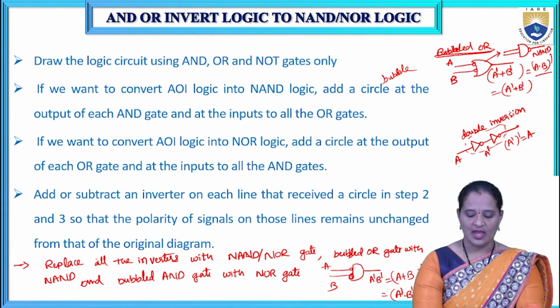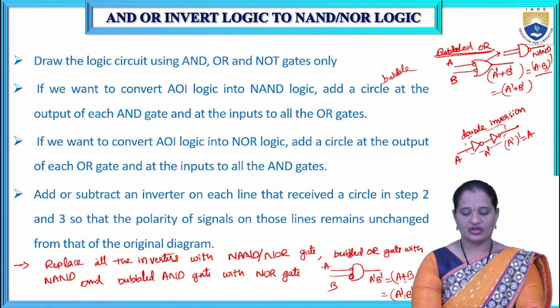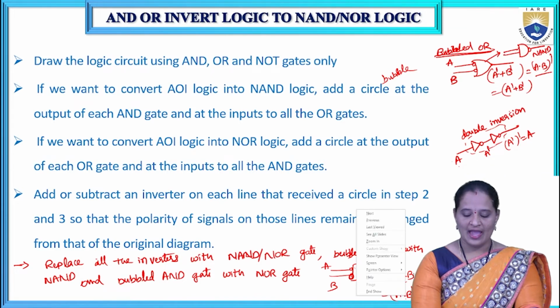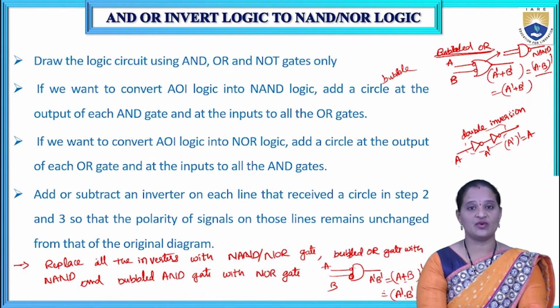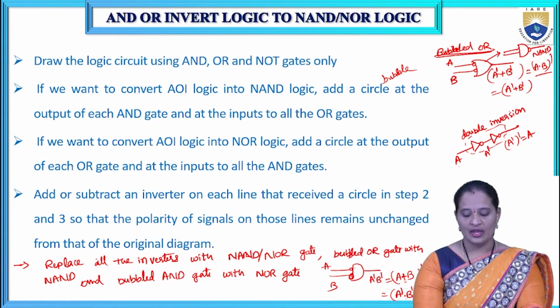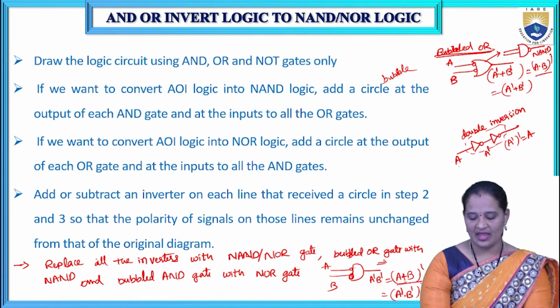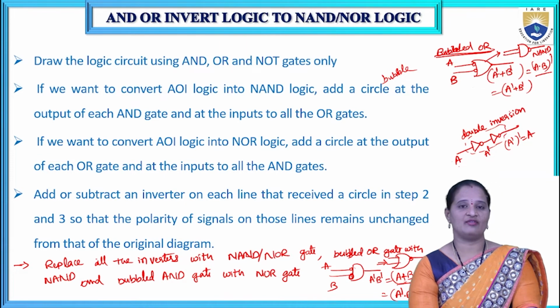So the plus symbol here will be changed to dot, and A will be complemented, so A bar dot B bar. That means the output of this one is identical to A plus B whole bar, which is nothing but a NOR gate. So that is why I can replace this bubbled AND with a NOR gate.